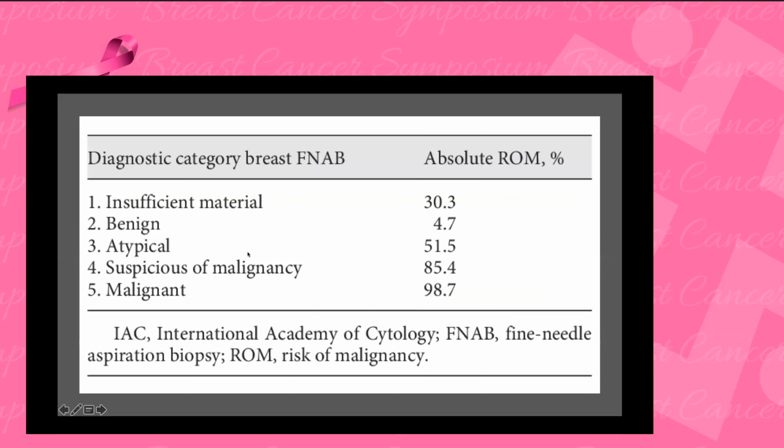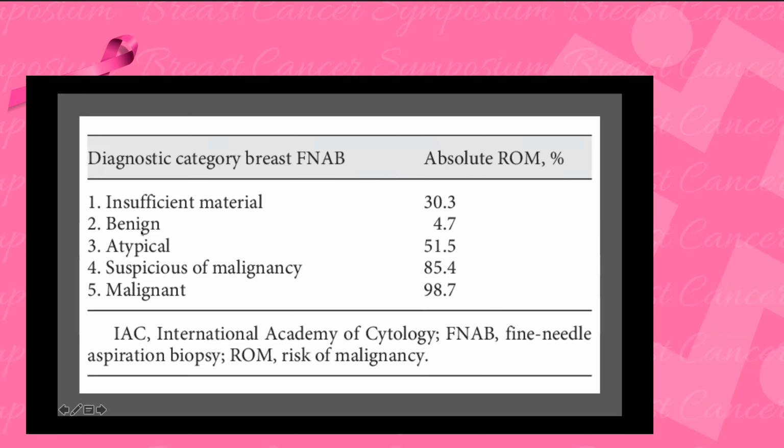Now, we currently use the International Academy of Cytology Yokohama system. So this system was designed in a way that it gives you the percentage risk of malignancy. So on cytology, if your results come back as insufficient material, that patient's risk of malignancy is about 30%.